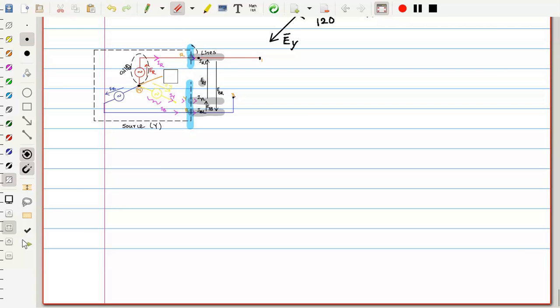For ease of understanding, I am removing this neutral terminal. I don't want to concentrate on neutral as of now. So we have three terminals now. This yellow also I want to extend. This is two, this is three. 1, 2, 3.